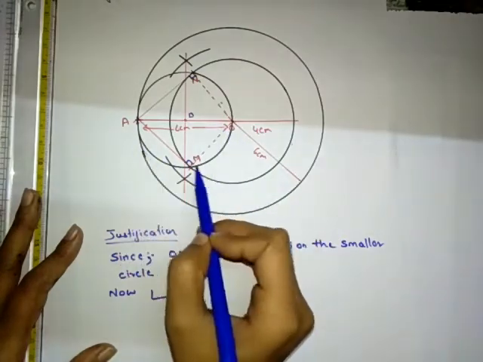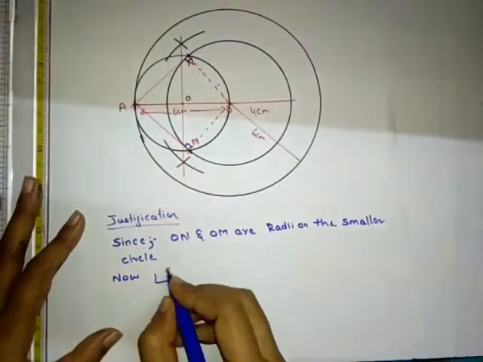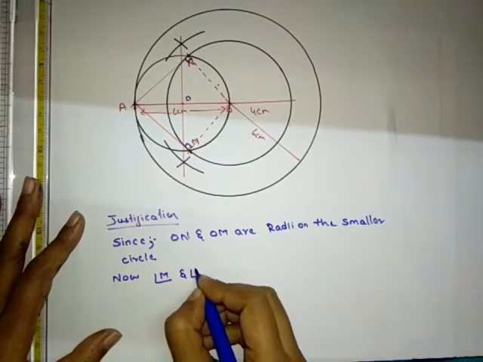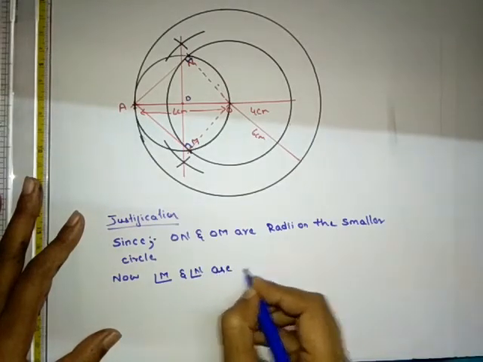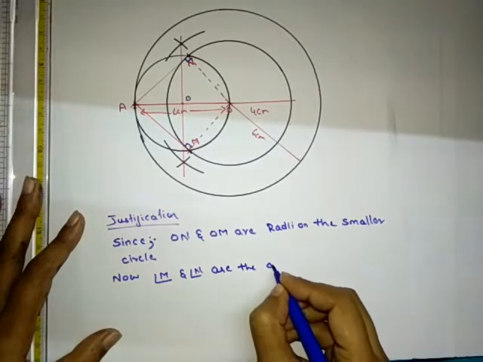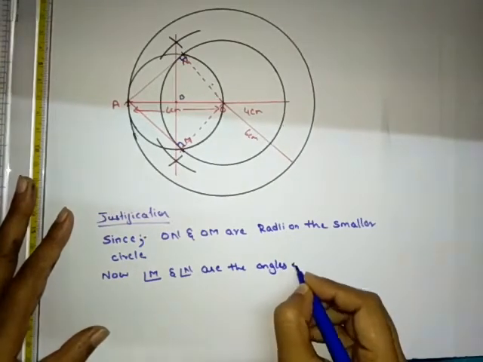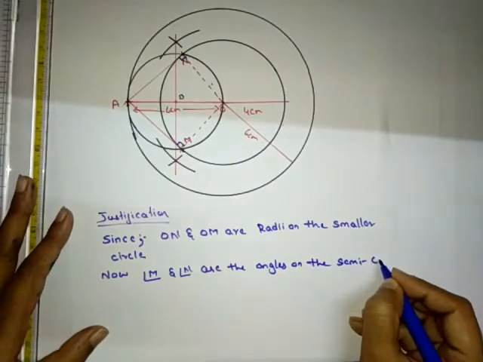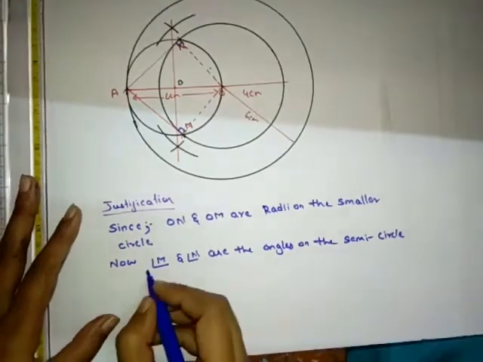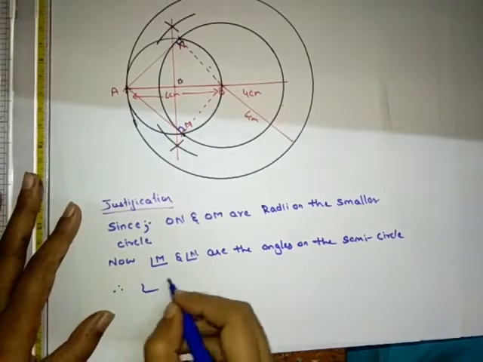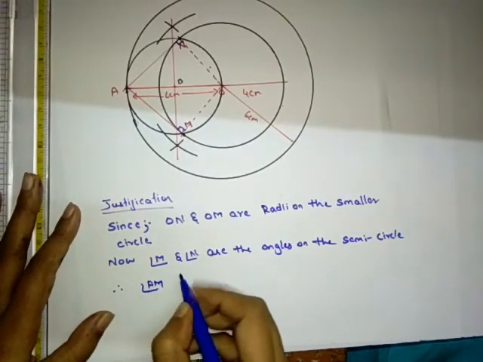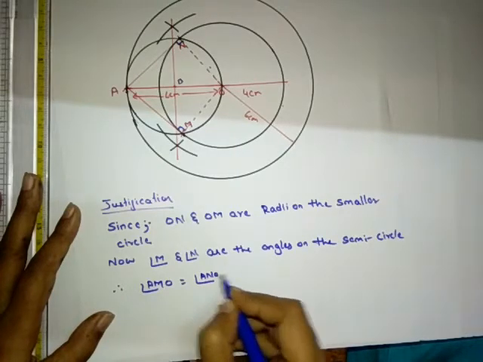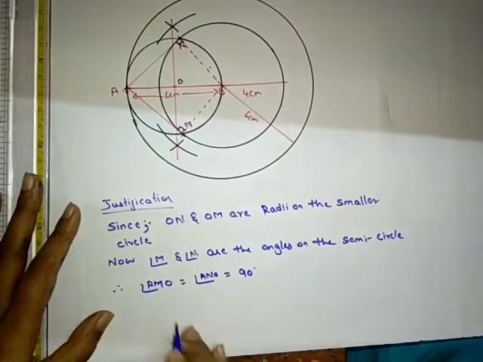This is the semicircle, they are on the semicircle here. So we'll write here, angle M and angle N are the angles on the semicircle. Therefore, we can write that angle AMO equals angle ANO, which equals 90 degrees.